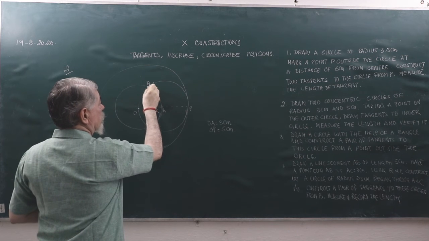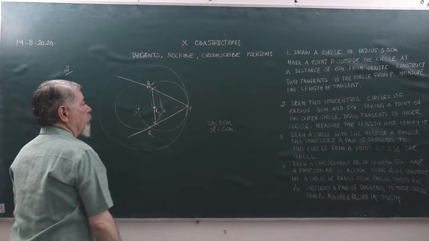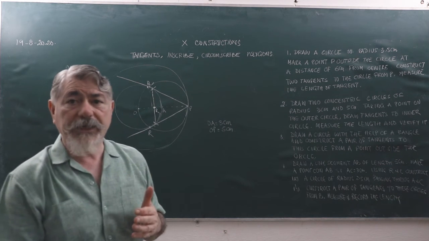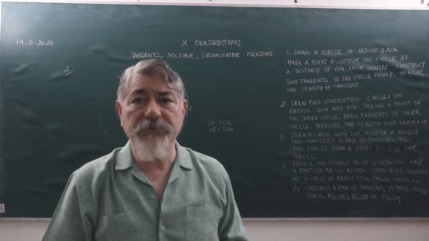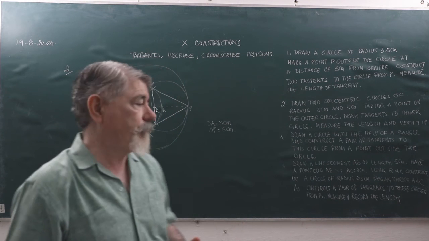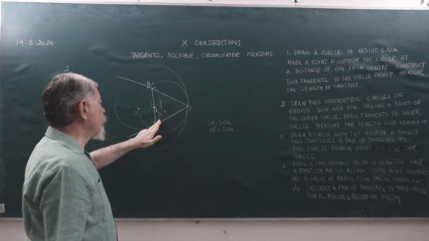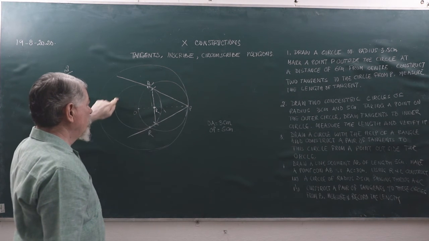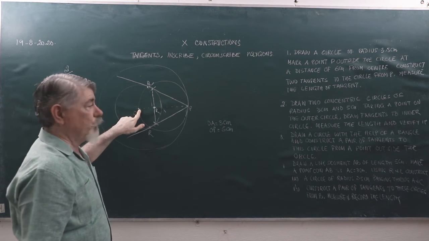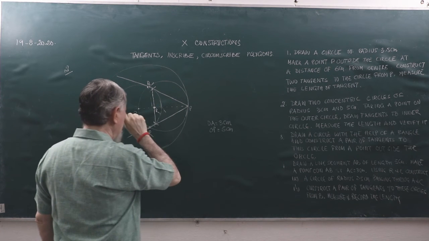He said join P to Q, join P to R. PQ and PR are two tangents. You must write these steps of construction every time. It is exactly the same thing. What we have done is we have drawn two concentric circles, one of radius 3 centimeter, one of 5 centimeter, with the center at O. Then I have drawn a line OP.